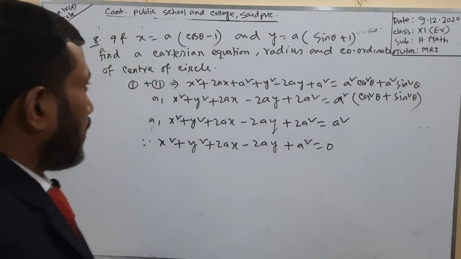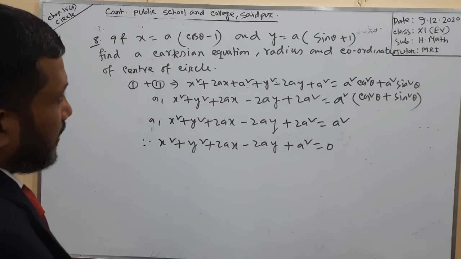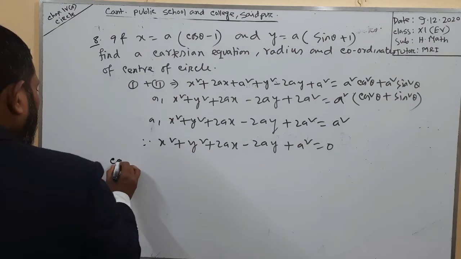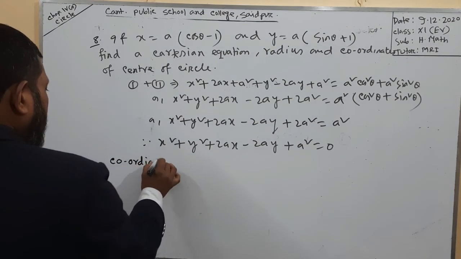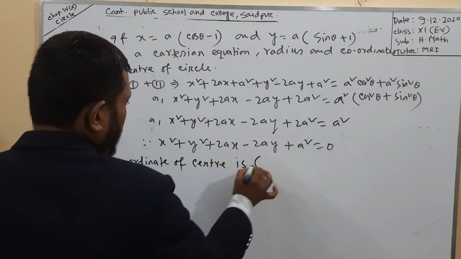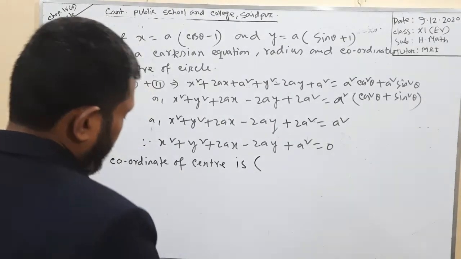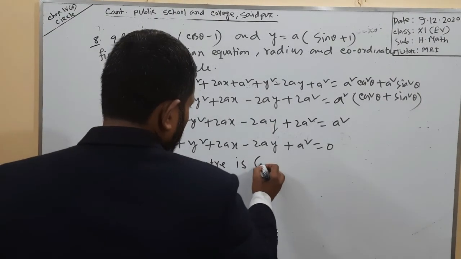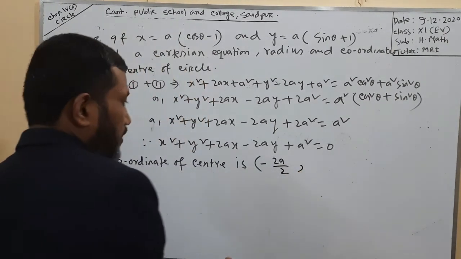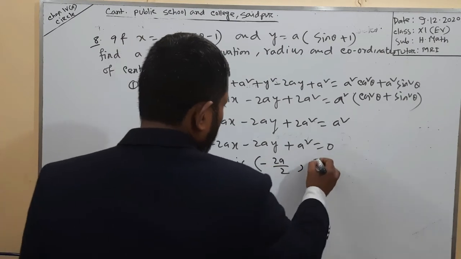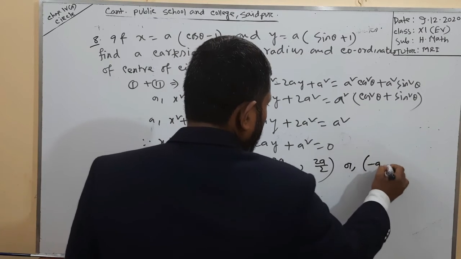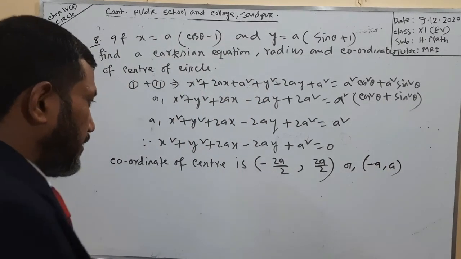Now I'll find the coordinates of the center of this circle. Coordinates of center: we know it is minus coefficient of x divided by 2, that is minus twice a by 2, and minus coefficient of y divided by 2, minus minus will be plus, or minus a comma a.